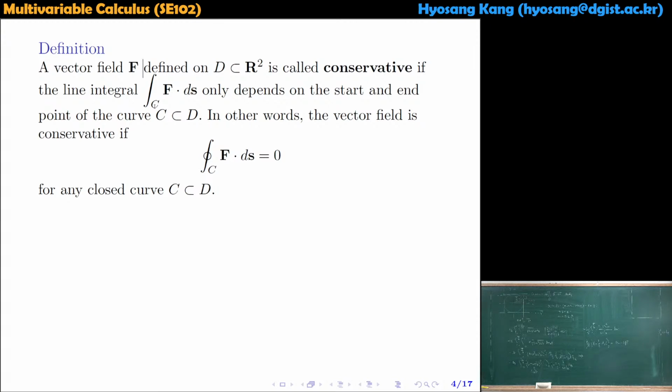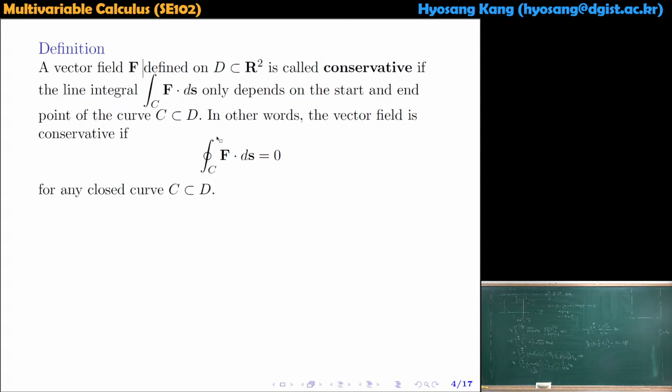It's like the work done by the gravitational vector field, right? If you're taking a heavy object from the ground to the sky, it doesn't matter which path you take this mass to the sky. It only depends on the height, right?